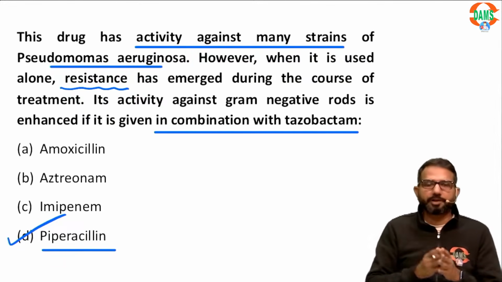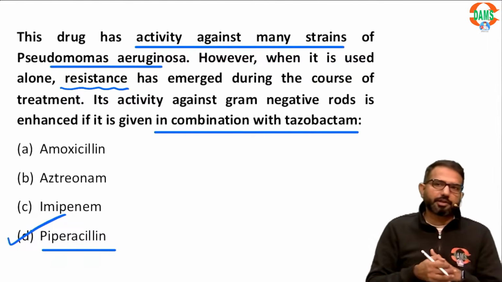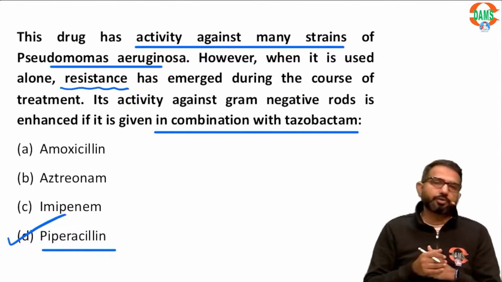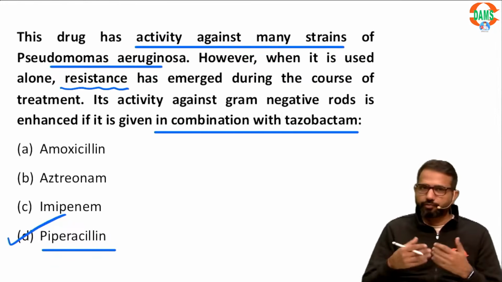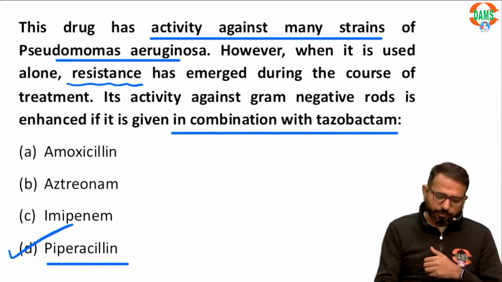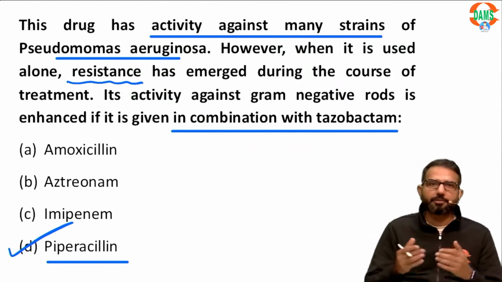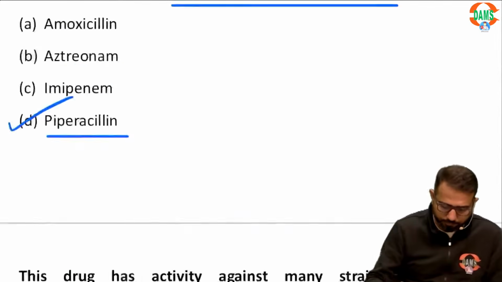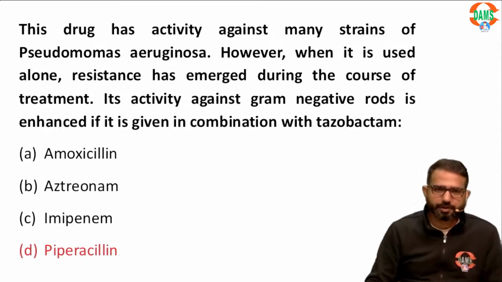Piperacillin plus tazobactam. Piperacillin is the most effective penicillin against Pseudomonas. Resistance issue, beta-lactamase enzyme. So we have the combinations now. Piperacillin plus tazobactam is available, a beta-lactamase inhibitor. So what is the correct answer? It is piperacillin.